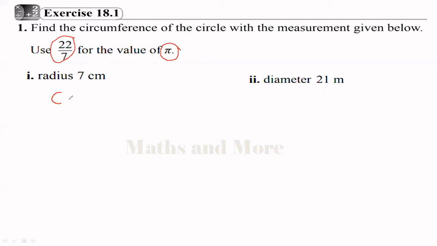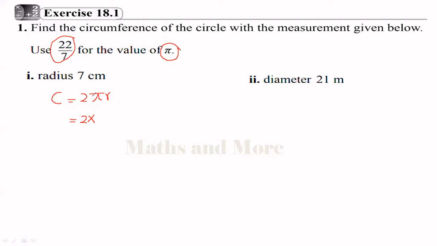C equals 2 pi r, because they have given the radius. Now let's substitute. Very easy. C means circumference. 2 pi r means 2 multiplied by, substitute the value for pi.